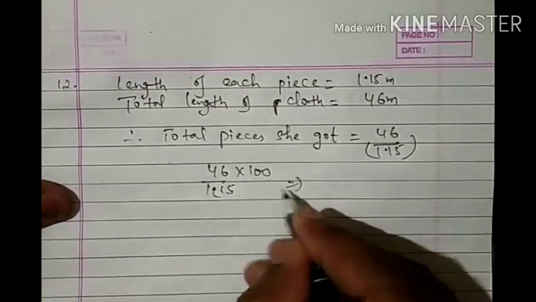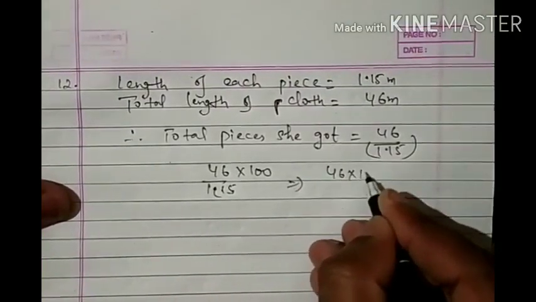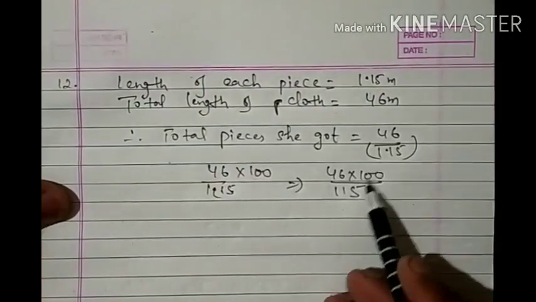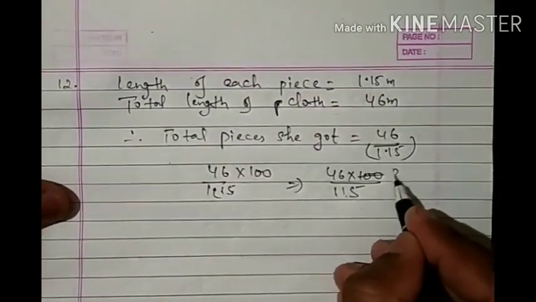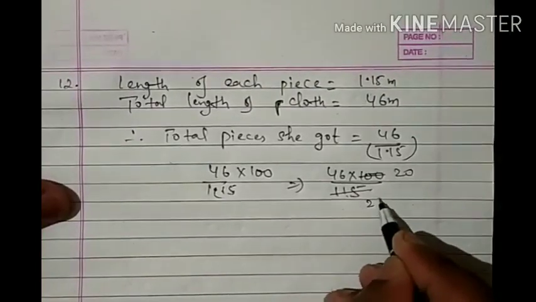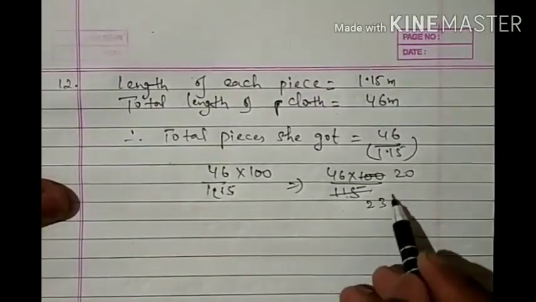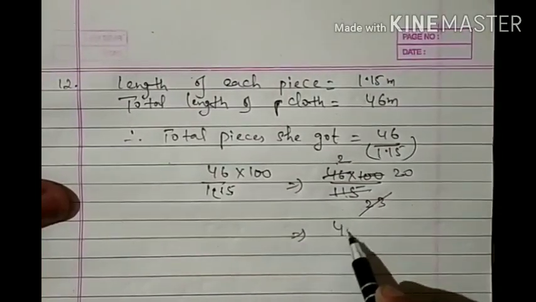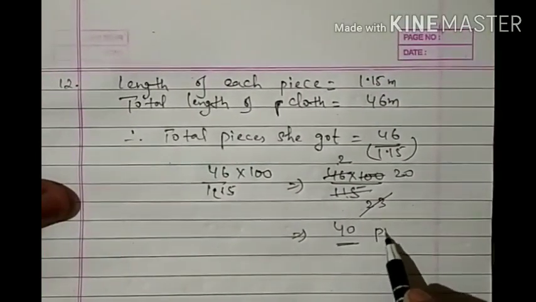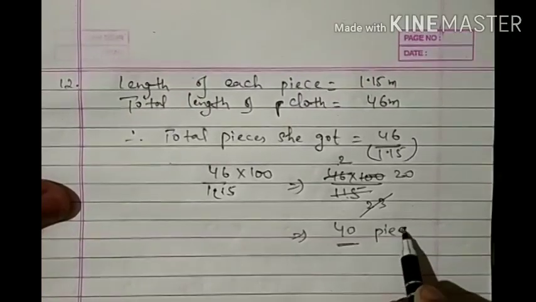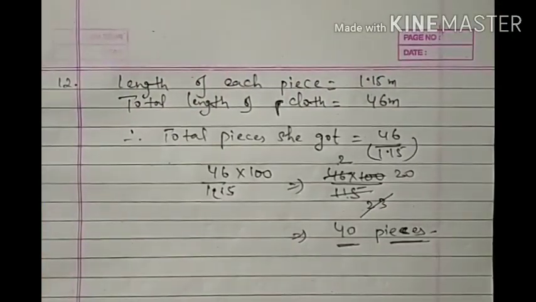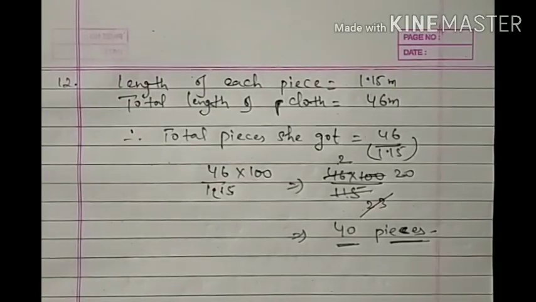Now our question will be 46 into 100 divided by 115. We can divide this by 5. 5 2s are 10, 20. 5 3s are 15, 5 23s are 115. And 23 2s are 46. 2 20s are 40. So how many pieces? 40 pieces did she get. I hope it is clear to everyone.